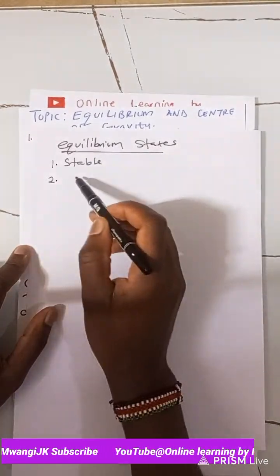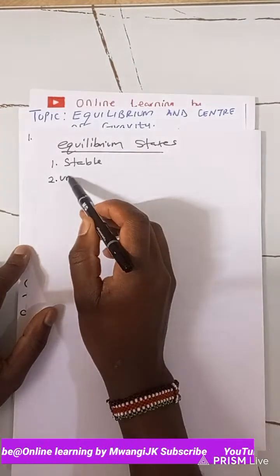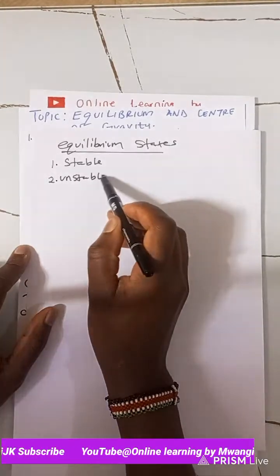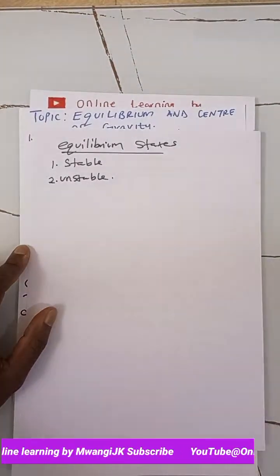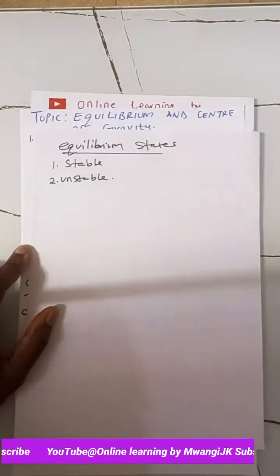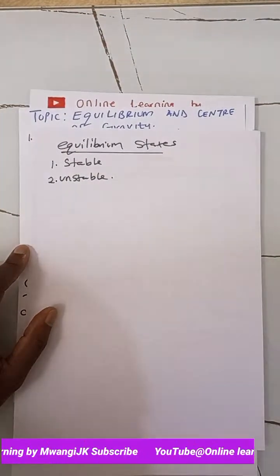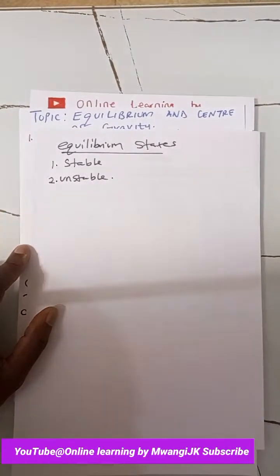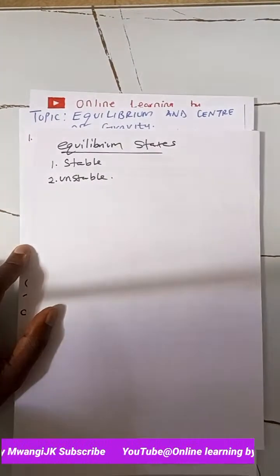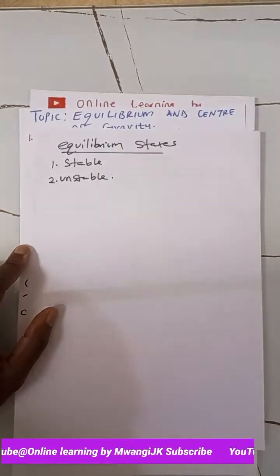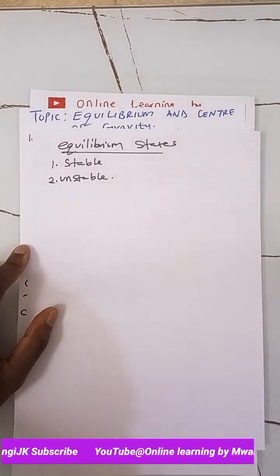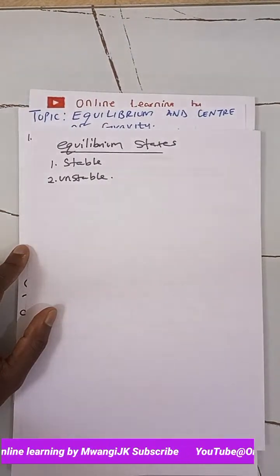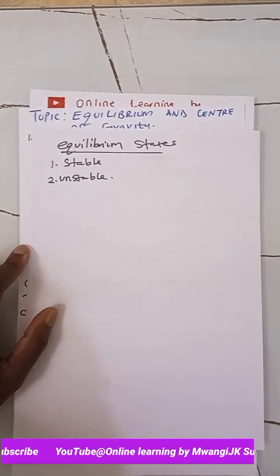So when you talk about an unstable state, a body is in unstable equilibrium if, on being disturbed, it does not return to its original position but occupies a new position.